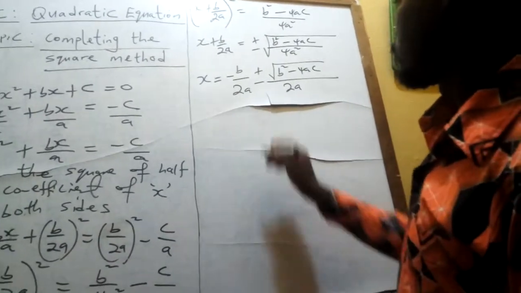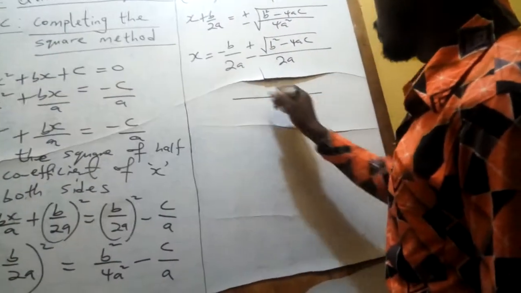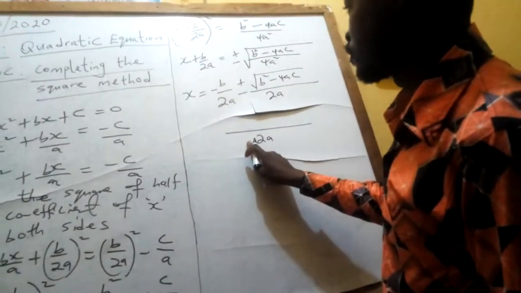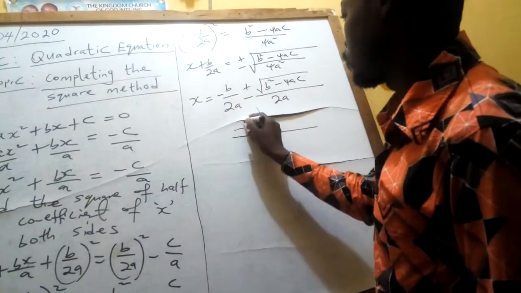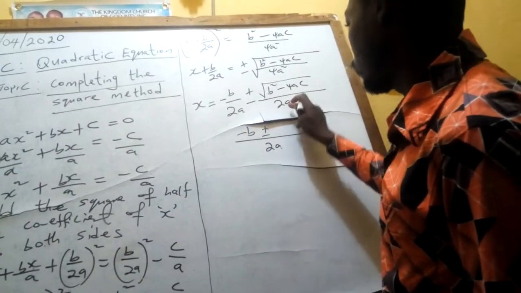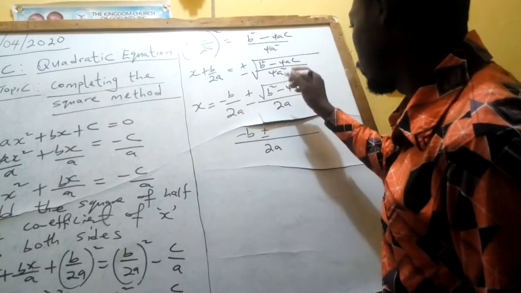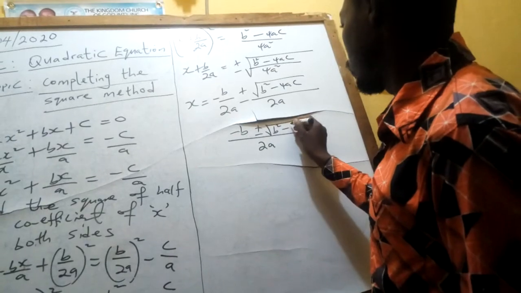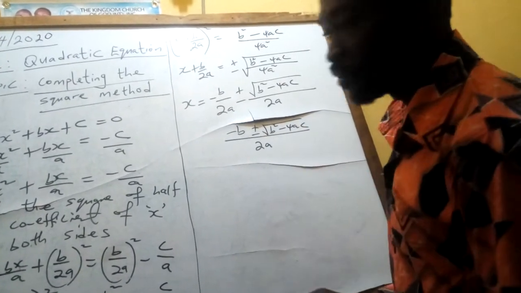Is a. Then find the LCM now. The LCM of 2a and 2a is 2a. 2a and 2a is what? 1, right? 1 times minus b is what? Minus b. This is what? Plus or minus. This and this is what? 1. 1 times your square root here is what? b squared minus 4ac. Do you get it?